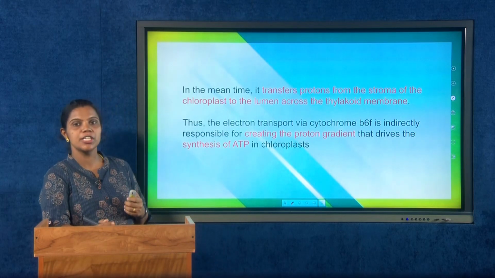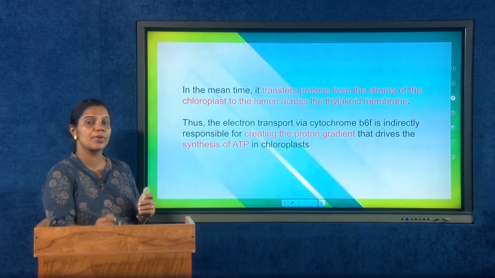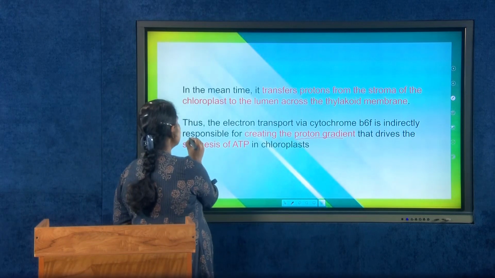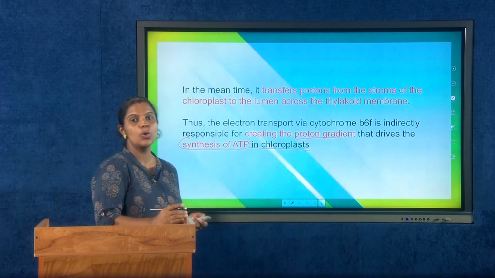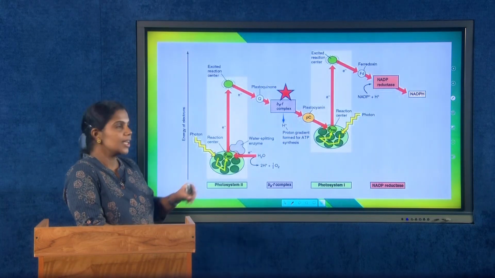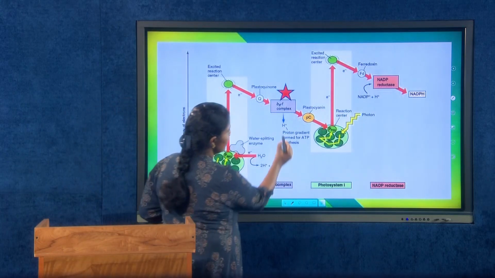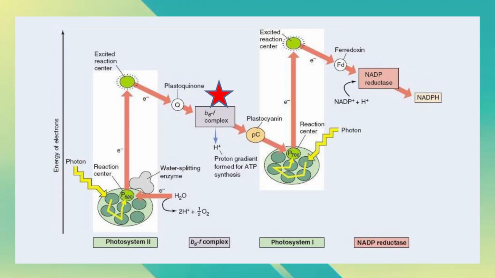Thus, the electron transport via cytochrome b6f is indirectly responsible for creating a proton gradient that will drive the synthesis of ATP in the chloroplast during photosynthesis. So, this is the diagram. Here you can see the b6f complex, which is part of the complex chemistry of photosynthesis. We will learn it in detail in the further lectures.